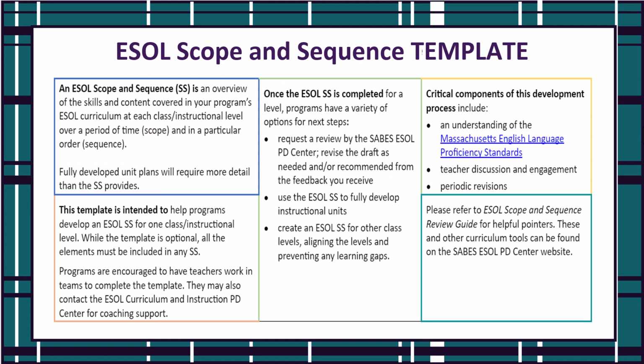The Mass Department of Elementary and Secondary Education and SABES developed templates for programs to use to create a scope and sequence. Here you will find the definitions and the intentions of the scope and sequence template laid out for you. As you continue to review the template, you will find that it shows the necessary components of an ESOL scope and sequence. So let's take a look at it now.